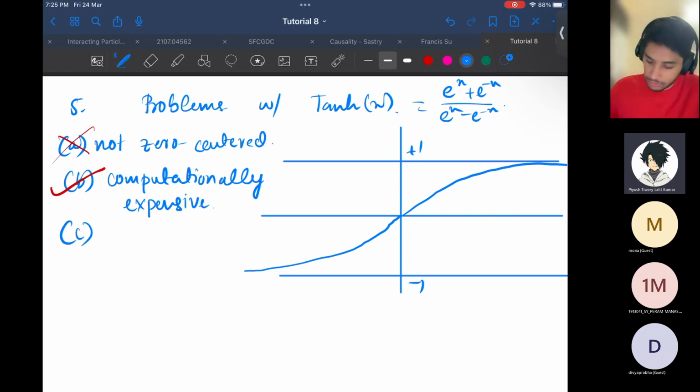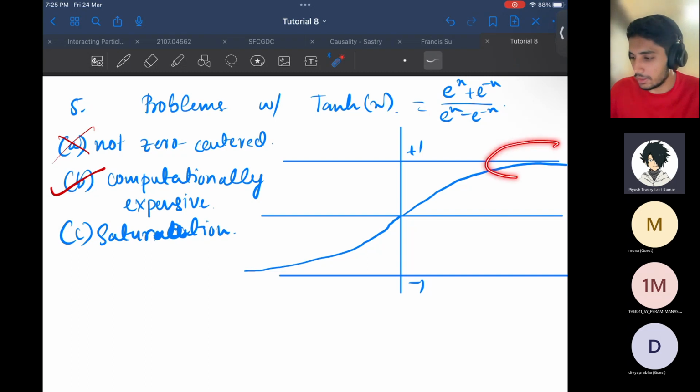C part, saturation. Do we observe saturation in this graph? Indeed, this part and this part are very similar to the sigmoid function. Asymptotically it will approach plus one, going closer and closer, but never touching it.